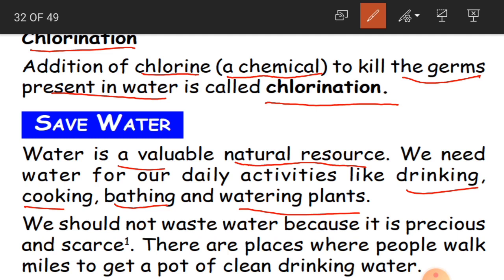Scarce means it is available in very little amount, especially for drinking and cooking purposes. Because of this it is very valuable. Clear, children? So that is why we should not waste the water.